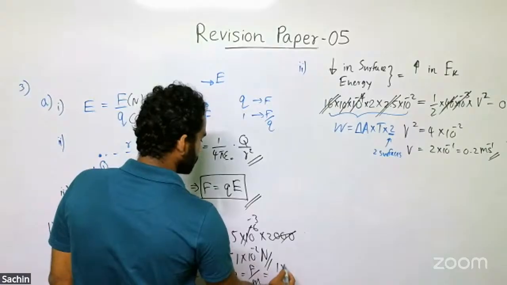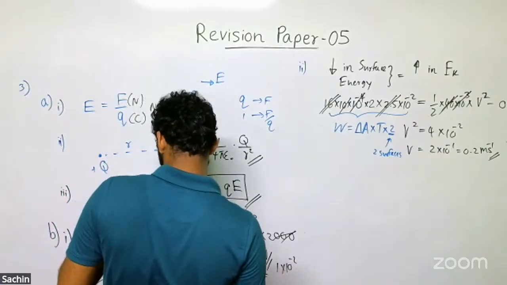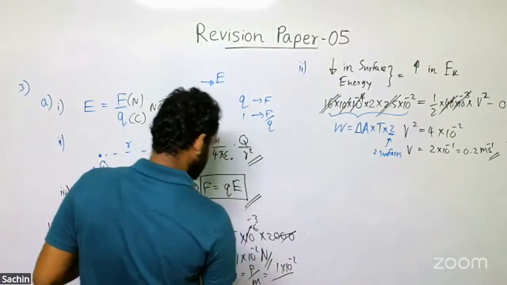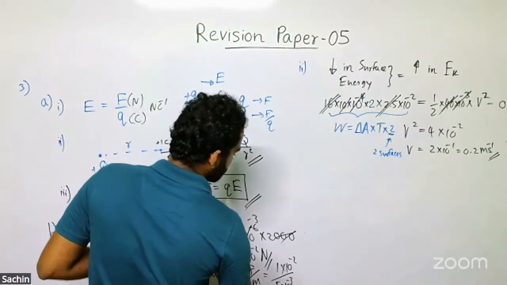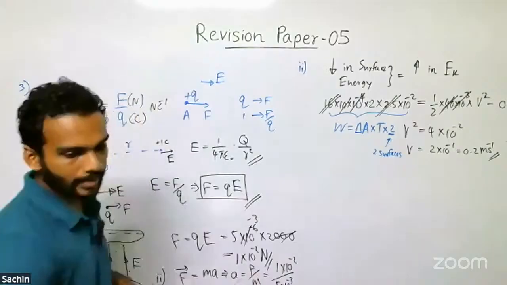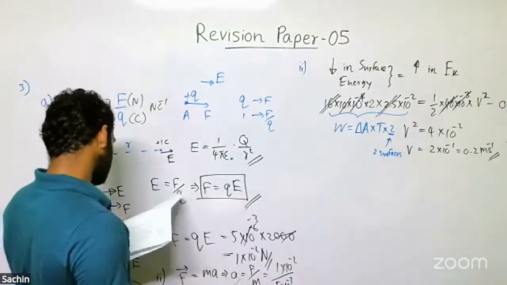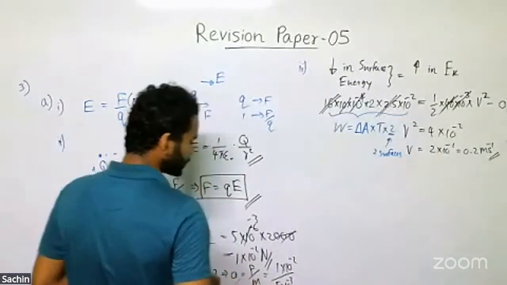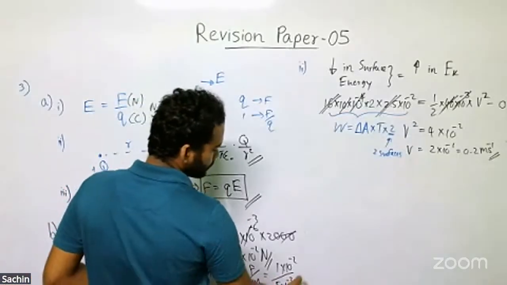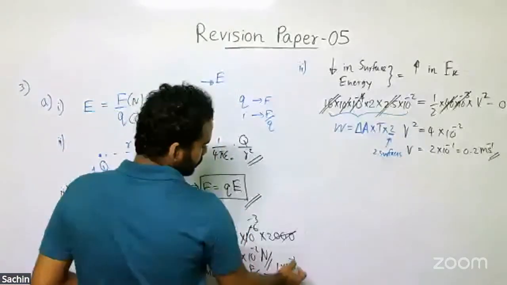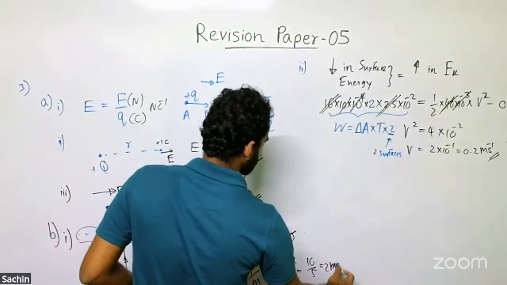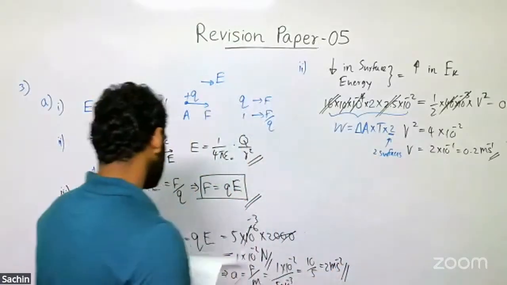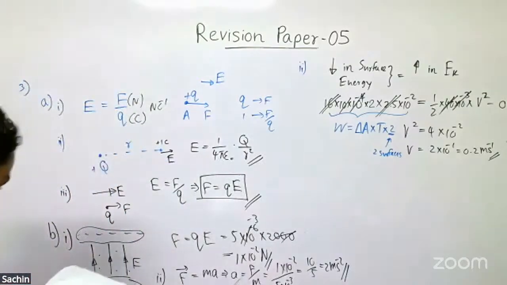The force is 10 to the power minus 2 and the mass is 5 to the power minus 3. Why minus 3? Because it is given in grams, you have to make it kilograms. So 10 divided by 5, that is 2 meters per square second. So this is the acceleration.